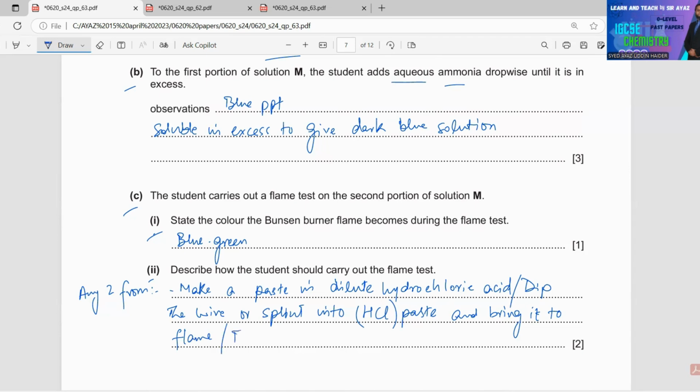Mention the color of the flame, blue or non-luminous flame.